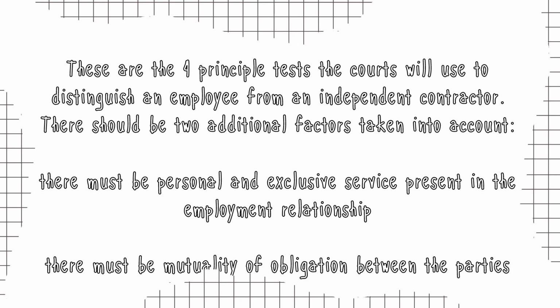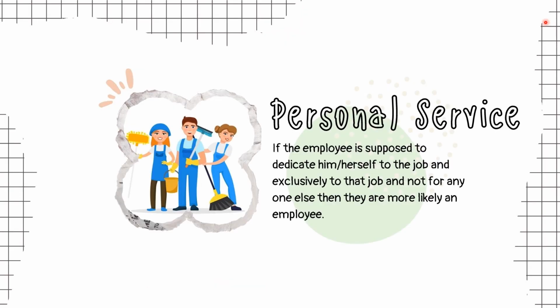Those 2 additional factors are that there must be personal and exclusive service, and there must be mutuality of obligation. So I'm going to run through these 2 and explain them quickly so that this video isn't too long. So this is basically as it says on the screen: personal and exclusive service.